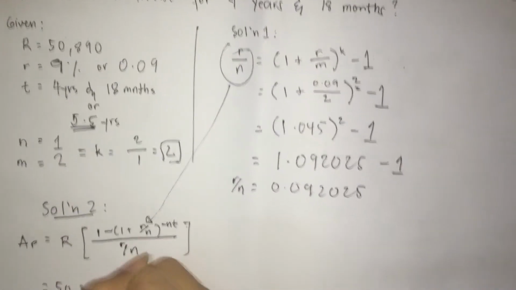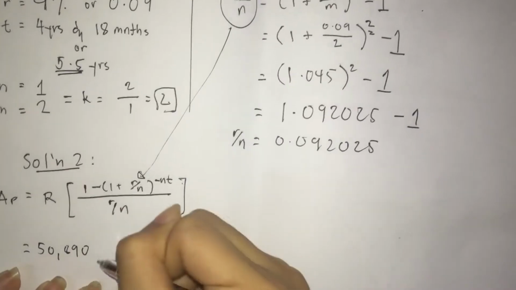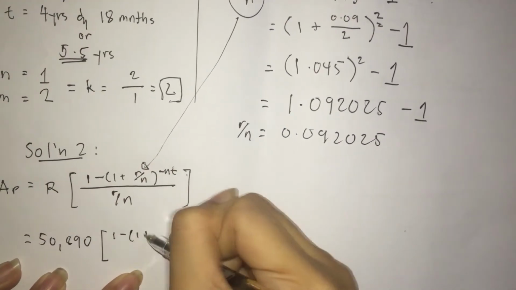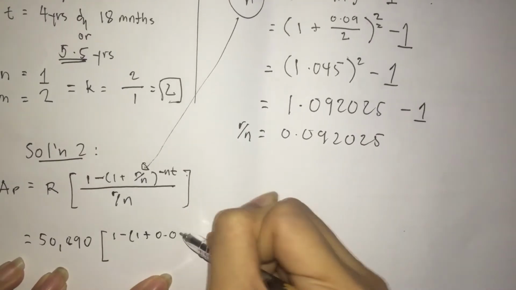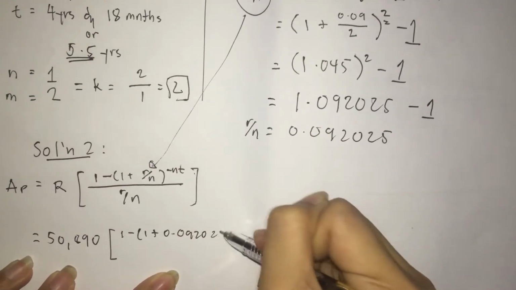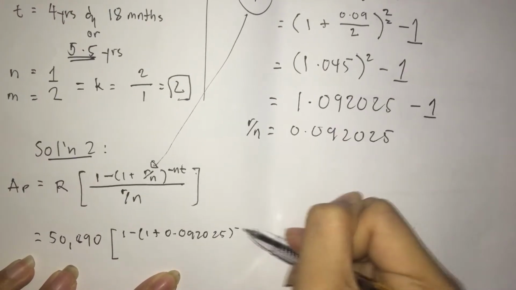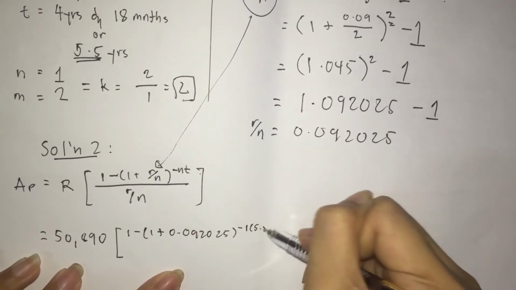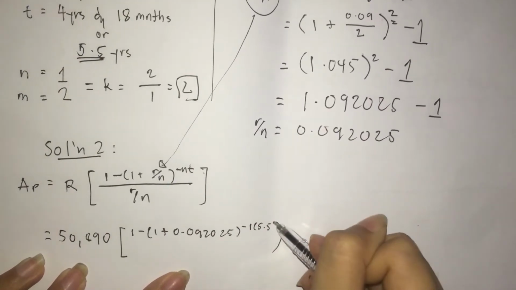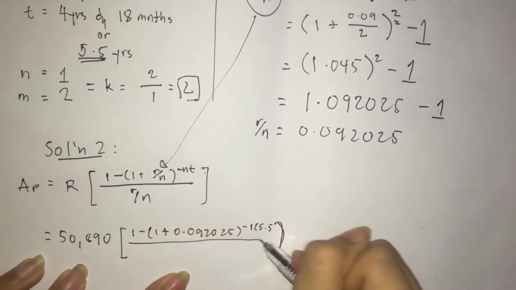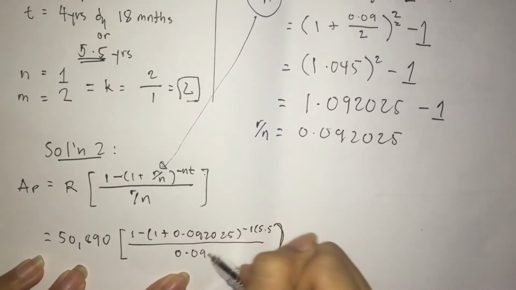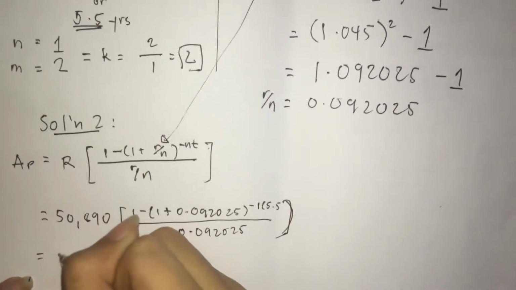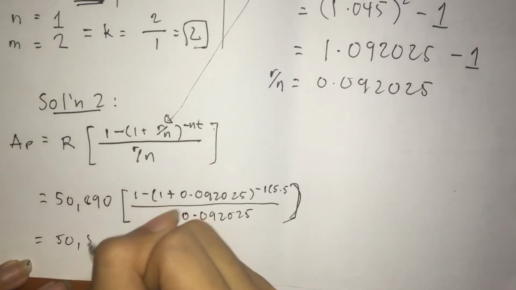So we have R 50,890 times the quantity of 1 minus 1 plus the conversion period, which is 0.092025, times n, which is 1, and time, which is 5.5 years, over our conversion period, which is 0.092025, and bring down the 50,890.